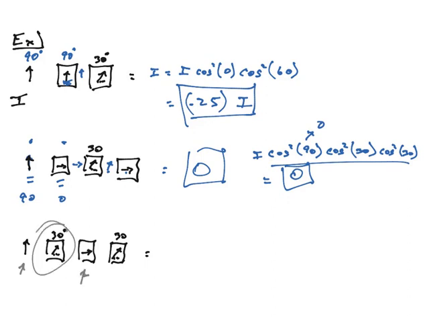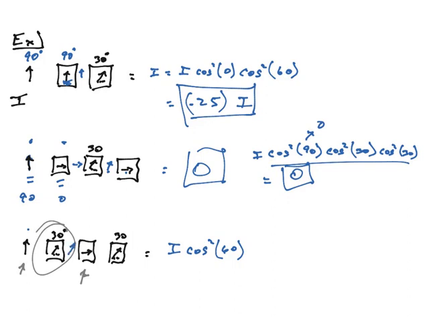But this guy is in between. So this is not the time everything's cut off, because it's not one step and the very next step perpendicular. There's a step in between. So we can't automatically say it's 0. Instead, we do the math. What do we have? I times cosine squared of. We're starting at 90 and we're going to 30. 90 minus 30 is 60.